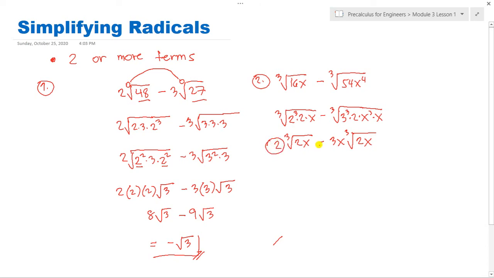So subtract 2 and 3x. Since we're back to algebra, you cannot combine a constant and a variable. So it becomes 2 minus 3x multiplied by cube root of 2x. This is our final answer for example number 2.